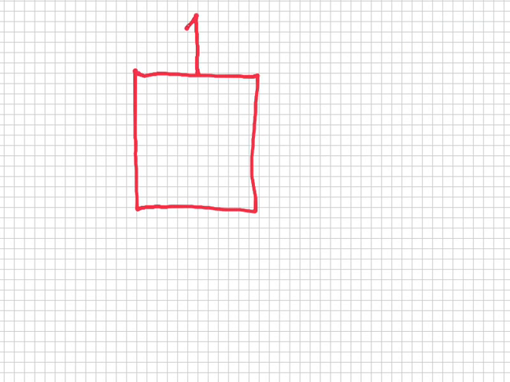Okay. So here we have a lift, and it's accelerating with acceleration of a. Okay, and then inside the lift we have a mass of m. What is the acceleration of this mass?